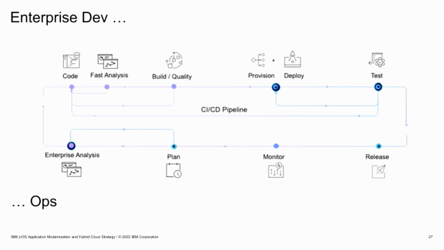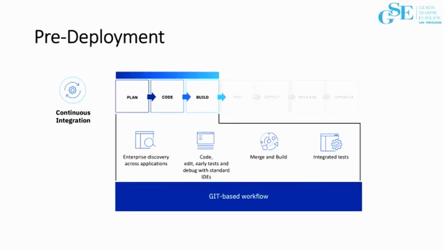This is just looking at a typical enterprise development pipeline with code, analysis, build, provision, deploy, test, all in a life cycle as part of enterprise development and operations. The first component in the life cycle is pre-deployment.